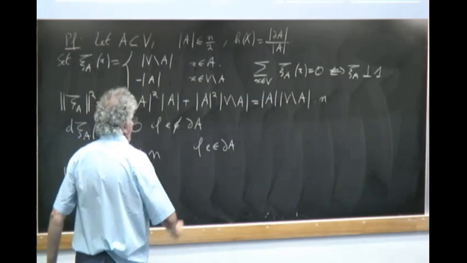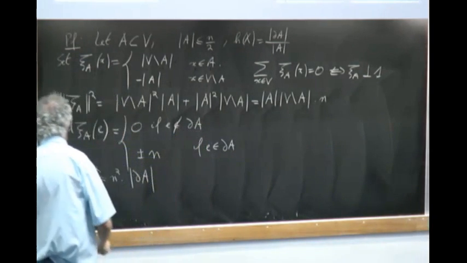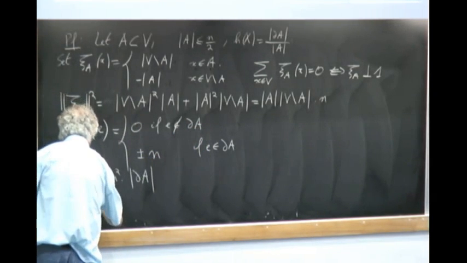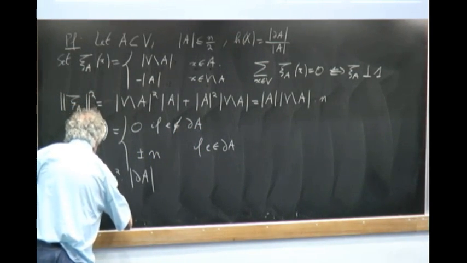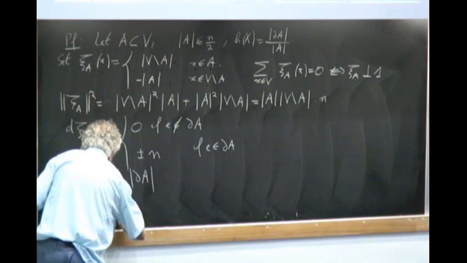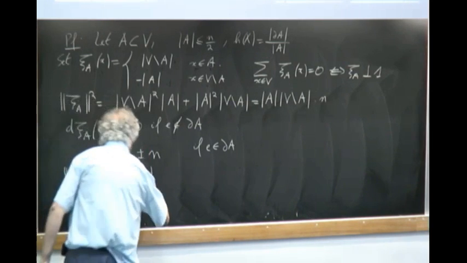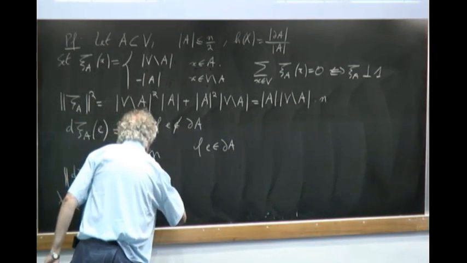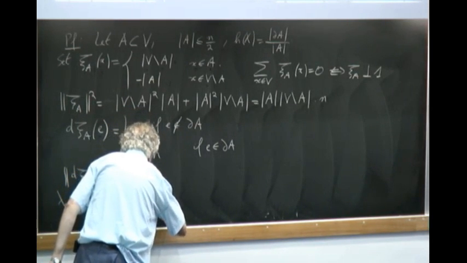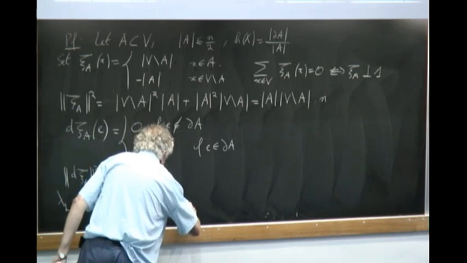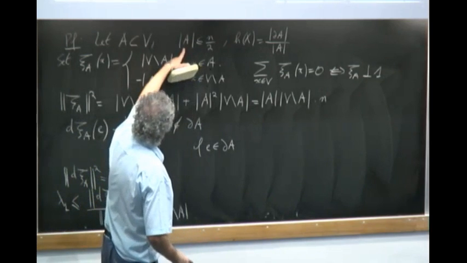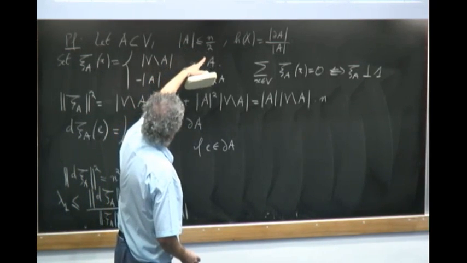And now, if we form the Rayleigh quotient, we have that lambda 1 is less than d psi A squared divided by psi A squared. So we have everything, so that n squared times the boundary of A divided by the cardinality of A times the cardinality of V minus A. But remember that the cardinality of A is less than n over 2.